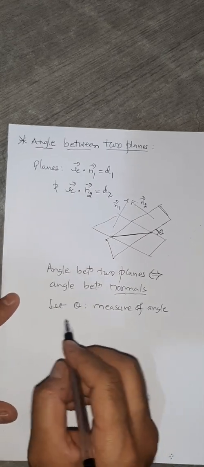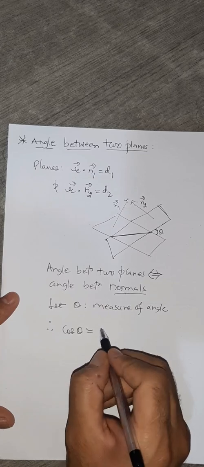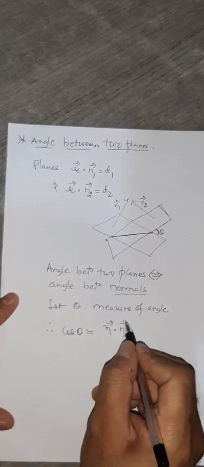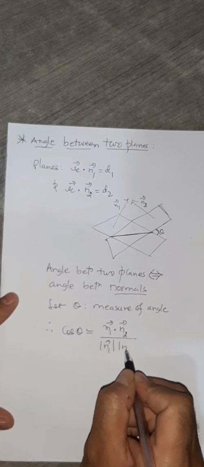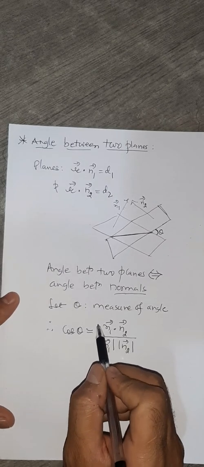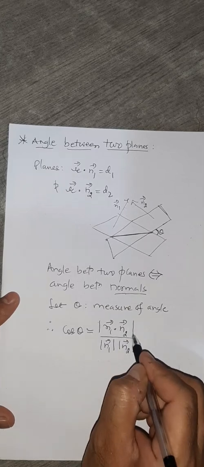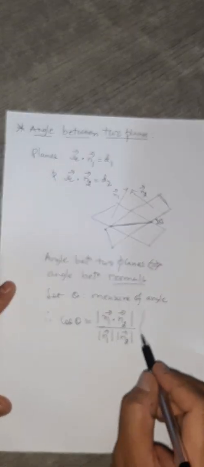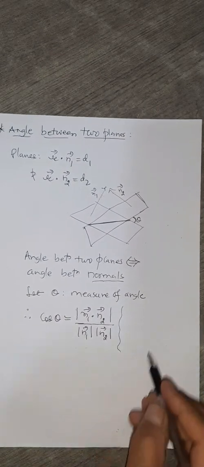So therefore, which formula? The same which you had in case of the vectors. Cos theta equals to normal n1 dot normal n2 upon their individual magnitudes. Right? This just comes from the vector only, but here it is always taken as an acute angle, so we put modulus here. In case of vectors, you get an obtuse angle. This is just from the vector, as you know. We did the same formula for lines also.